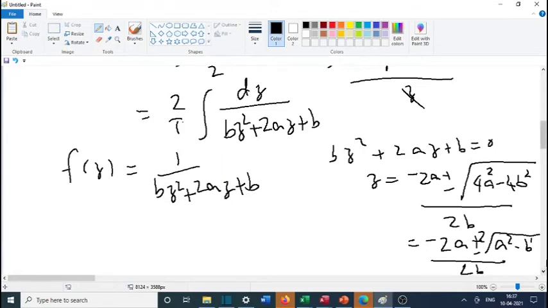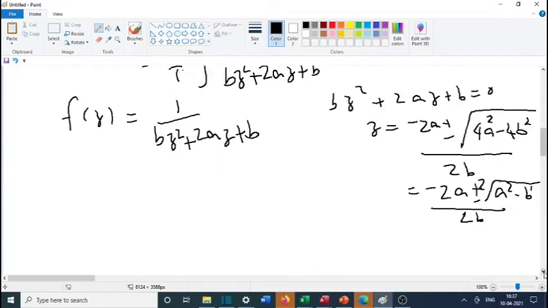The 2 can be cancelled, so minus a plus or minus square root of a square minus b square all divided by b.